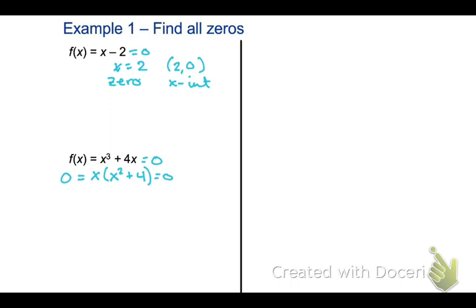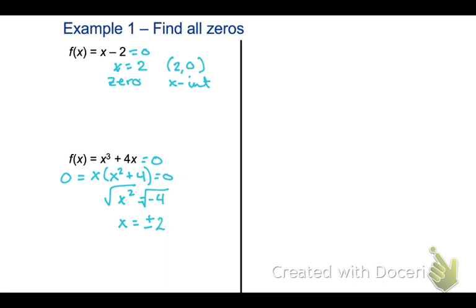So I get x squared equals negative 4, and then take the square root. So x equals plus or minus the square root of negative 4. But what is the square root of negative 4? We can take that now. 2i.